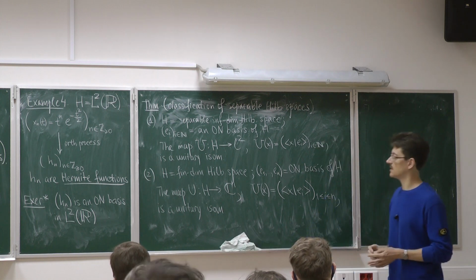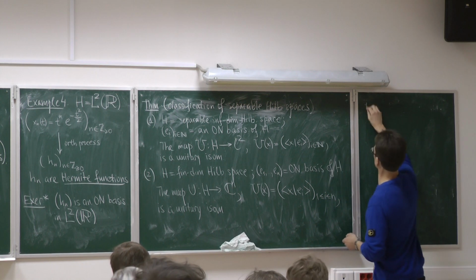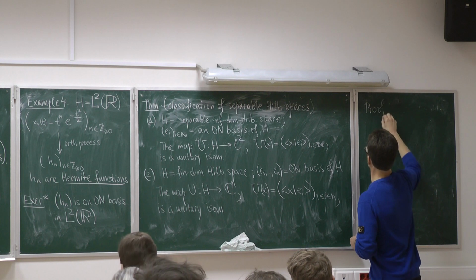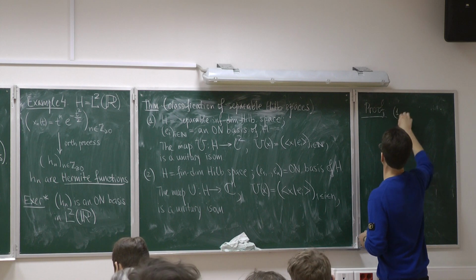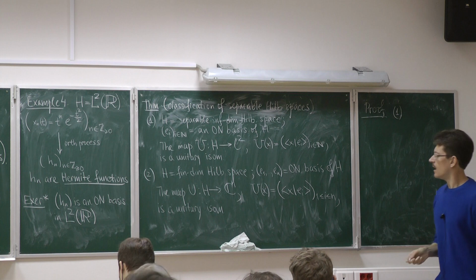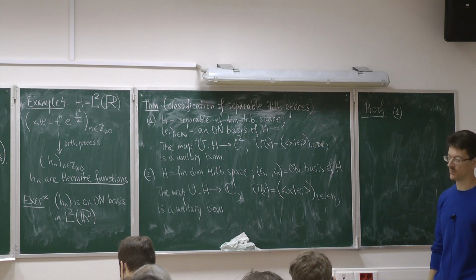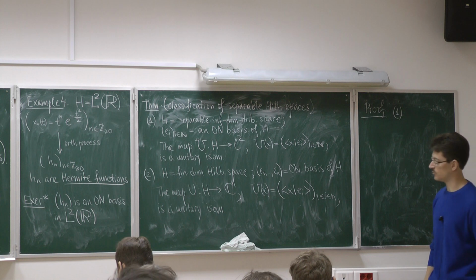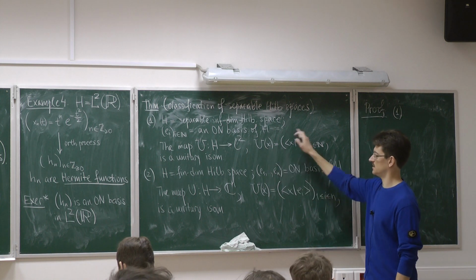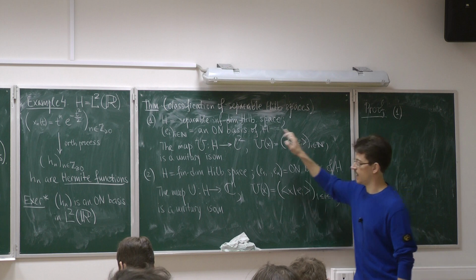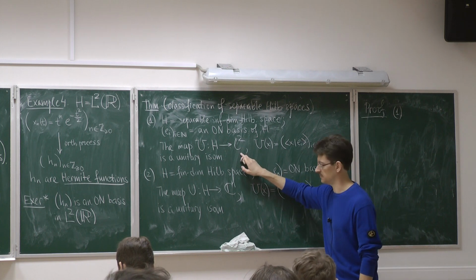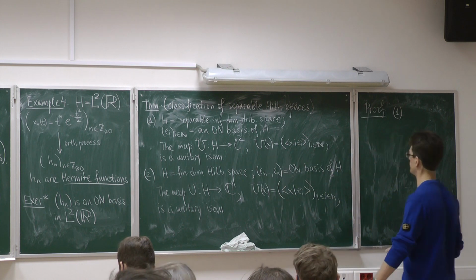Okay, let's prove part 1. First of all, we already know we have Bessel's inequality, which means that this sequence is indeed an element of little l2. So this sequence is square summable.